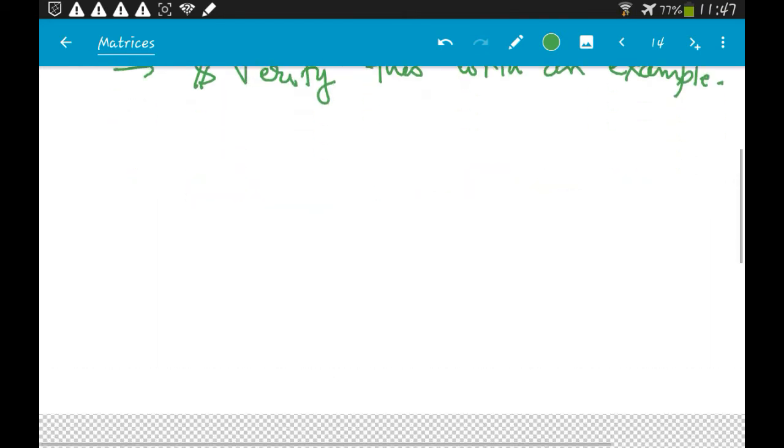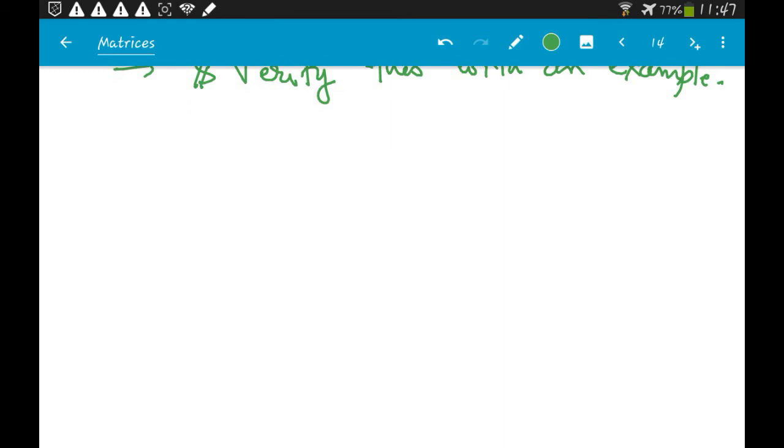Okay, so let's see how to find a solution. And then I will move to matrix regression. So we wanted to find the rank of a matrix because we wanted to find the solutions, right?